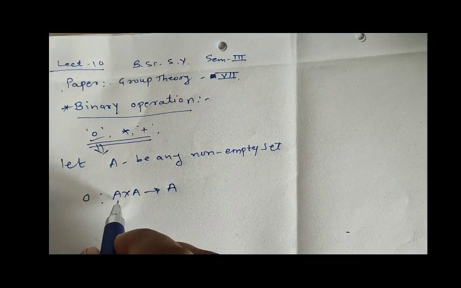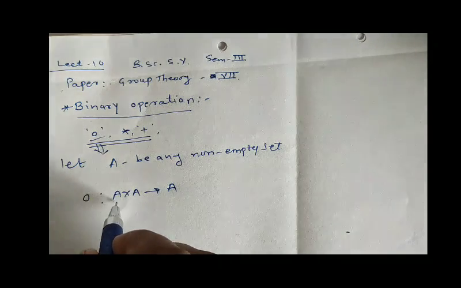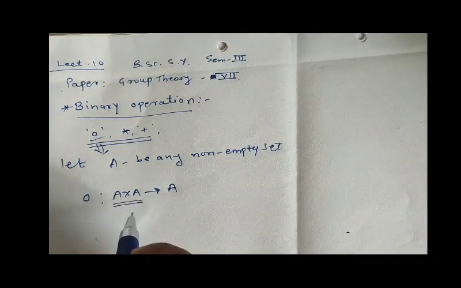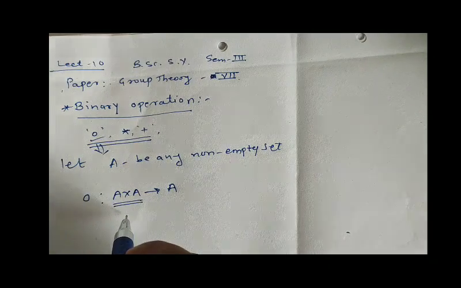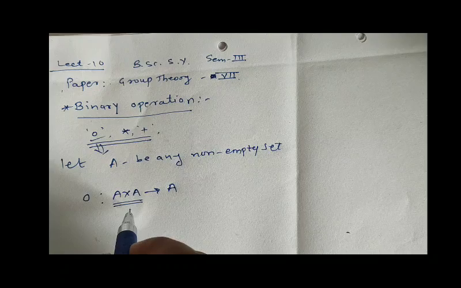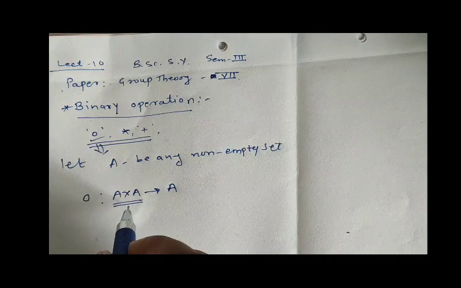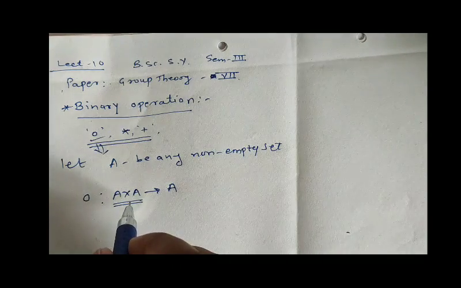so if A be any non-empty set, then all elements in A cross A must be ordered pairs, because we know what is meant by Cartesian product. In Cartesian product, every element is of ordered pair form.